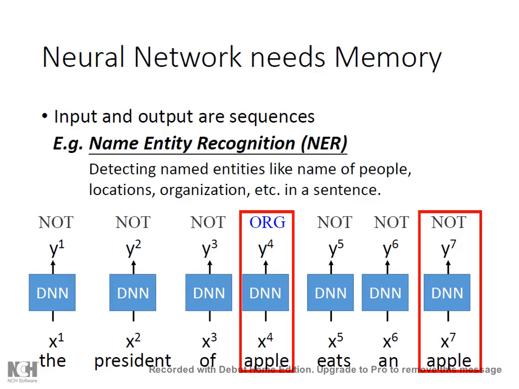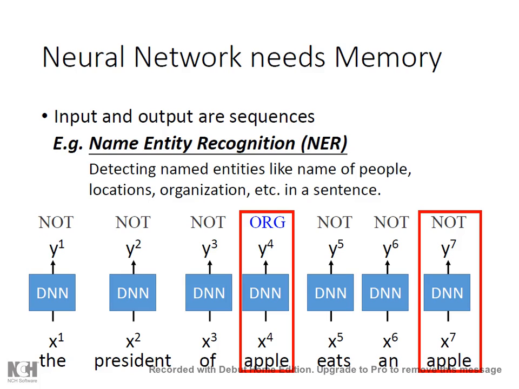President is not a named entity. Apple is an organization, meaning the Apple company. This one is not a name. And this Apple is a name, but it should not be a company, right? It should be a food.